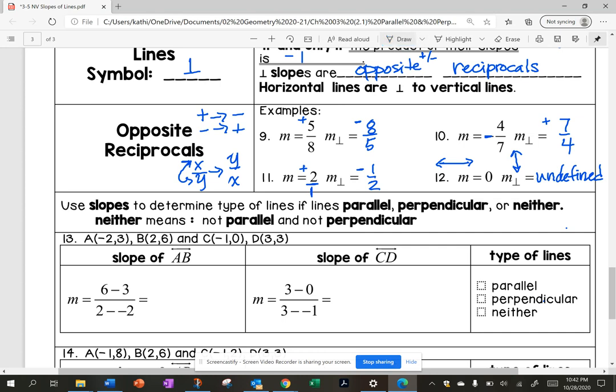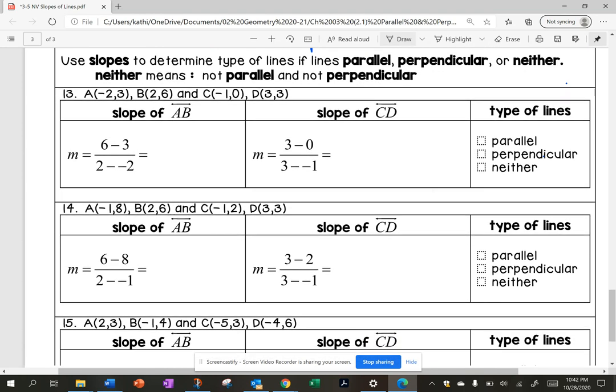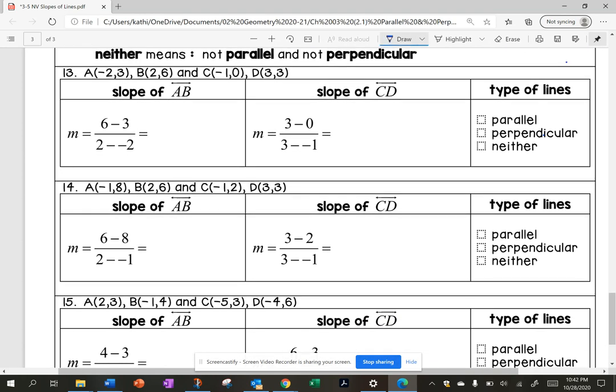Okay, so I want to use the slopes to decide if my lines are parallel, perpendicular, or neither. So if I check with the slope of line AB, 6 minus 3 is 3, and 2 minus negative 2 is 4. 3 minus 0 is 3, and 3 minus negative 1 is 4.